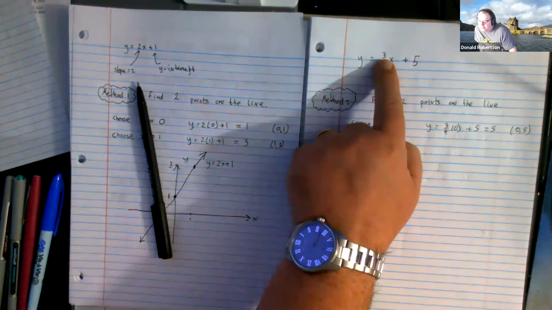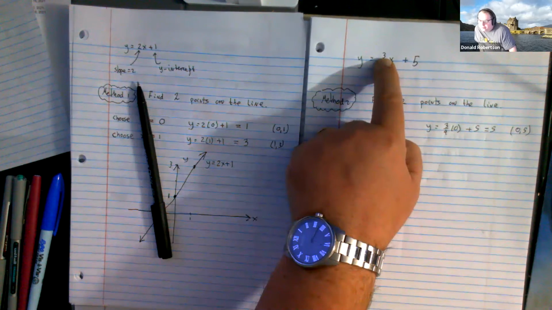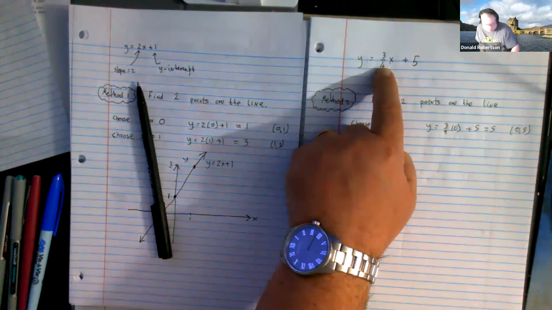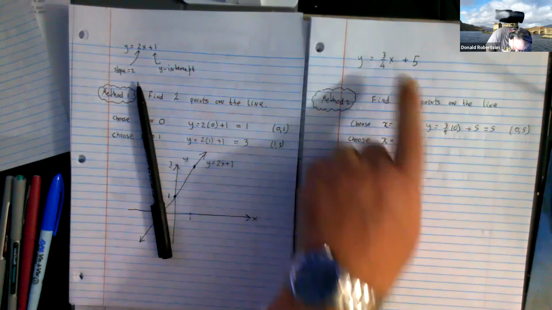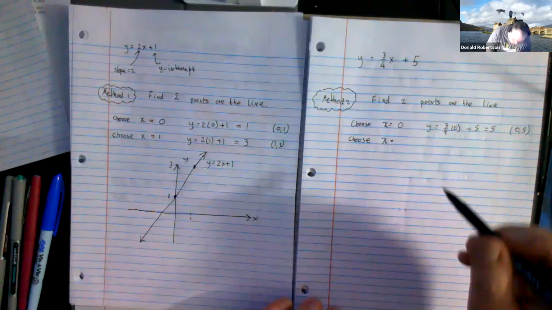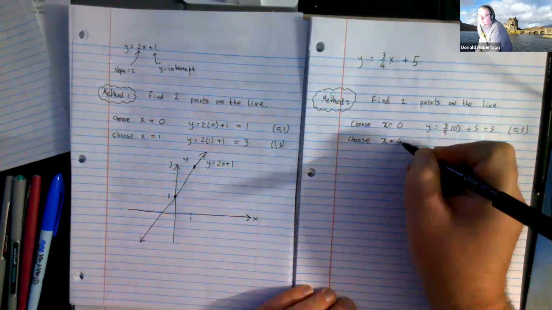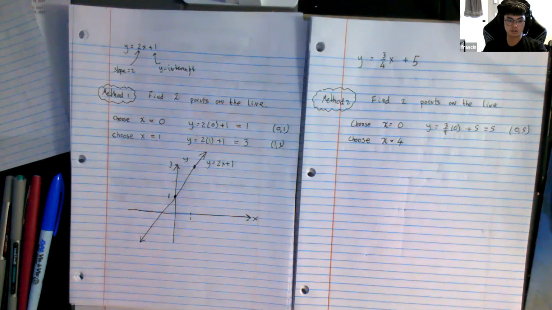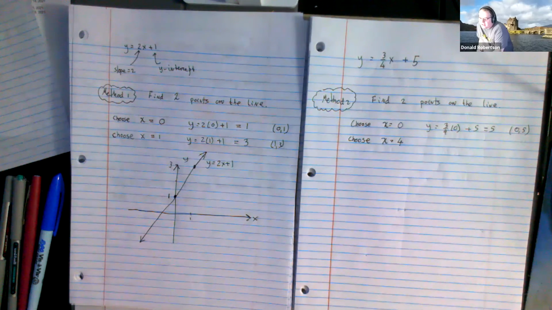So what you do in these questions, when the slope is a fraction, forget about the numerator, the top number, it doesn't matter. Focus on the bottom number. Do you see how that's 4? 3/4, it's 4. Why am I picking 4 instead of 1? Cancel out the denominator. Isn't that going to get me a nice y coordinate?